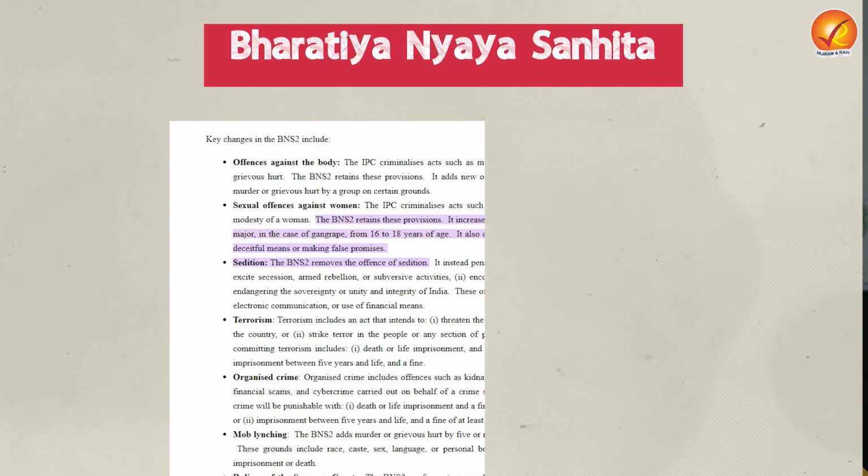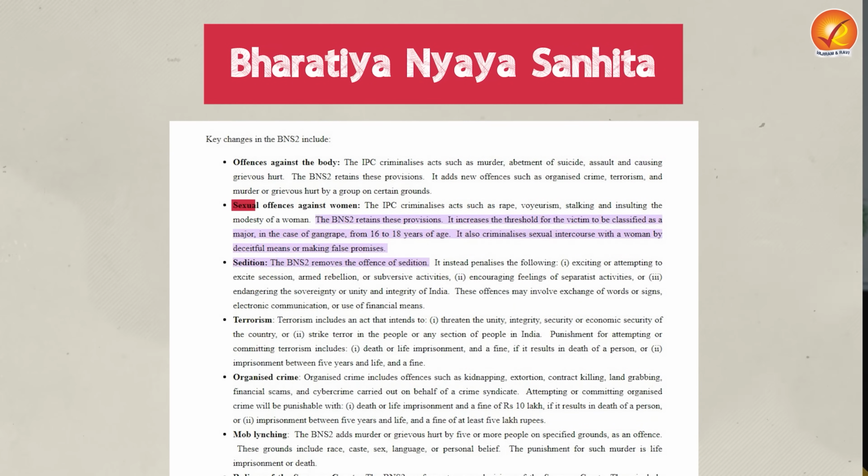Now this Bharatiya Nyaya Sanhita has added several new offences in relation to criminalizing the deceitful promise of marriage, or criminalizing sexual intercourse under false promises of marriage, employment or any other identity. It also includes stringent provisions in relation to mob lynching and gang rapes, and it has also included organized crime and terrorism under its ambit.